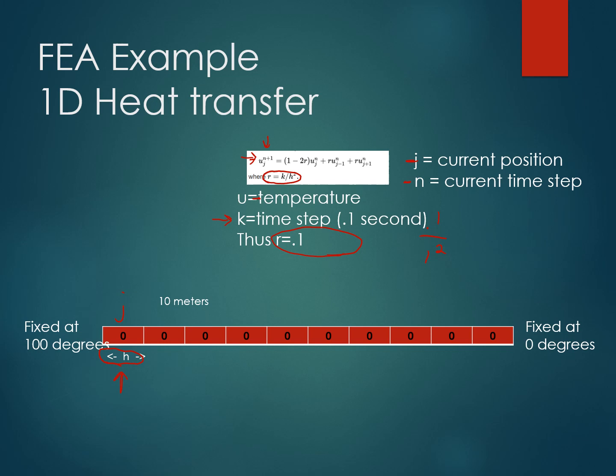So let's try and step through these one at a time to figure out how we get from our current time step to our next time step in that element.